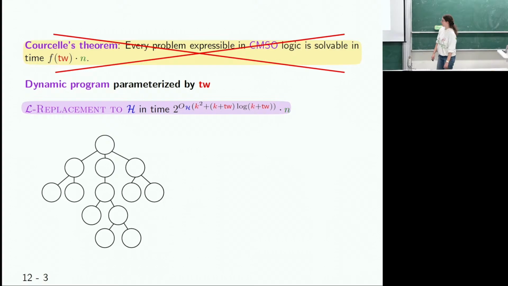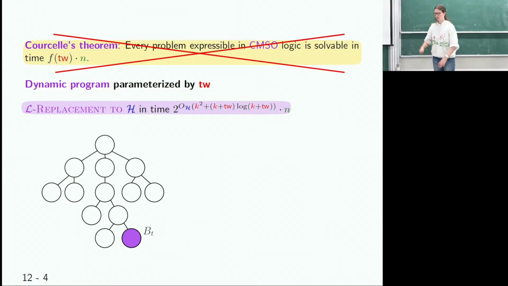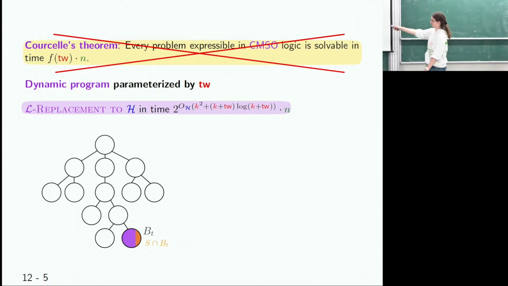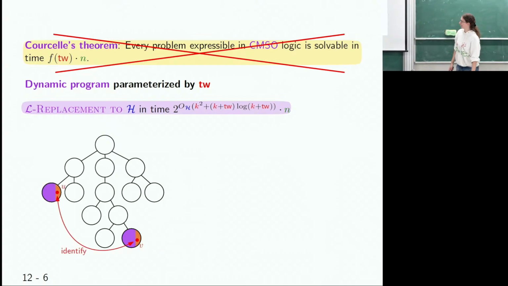Okay, so this is for vertex deletion, and now for L replacement we will do something a bit similar. Again, you go from the leaf to the root, you guess the intersection of your modified vertices with the bag. But here now you need to be careful. Like before, you guess what vertices would be removed and you just remove them.